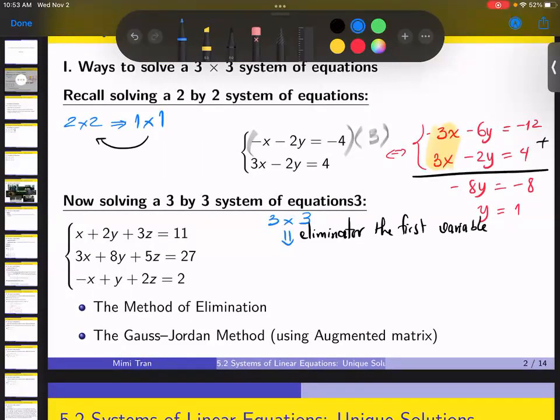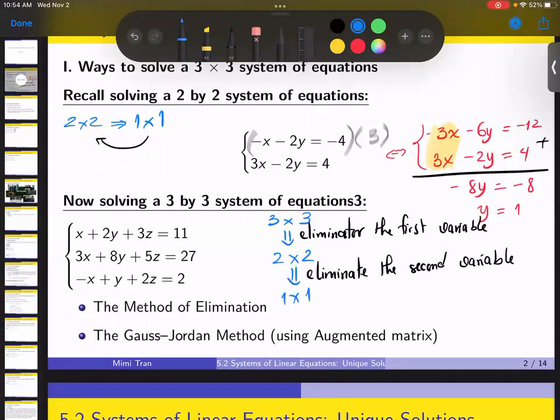Then you go down from 3 by 3 to 2 by 2, right? Once you have 2 by 2, you know how to solve 2 by 2, right? From 2 by 2, you eliminate the remaining variable, the second variable, and then you go down to 1 by 1.